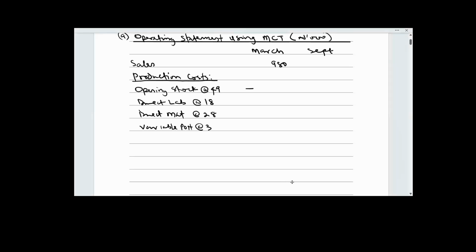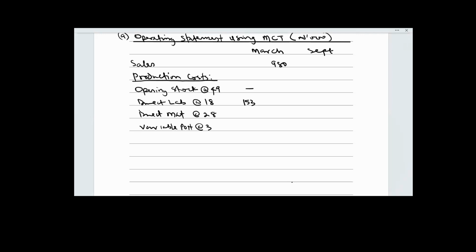What do you get for direct labor? 153,000, so here it is 153. You write it on the debit side. For direct material cost, 28 naira multiplied by 8,500.